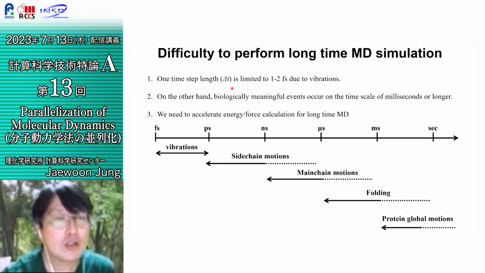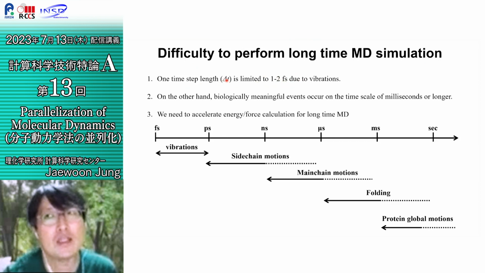In biological system, we just limit the one time step to 1 or 2 femtosecond. One of the main reasons to introduce a very small time step is each atom has a very high frequency vibration. And if we assign much larger time step, then there are many problems, including resonance.